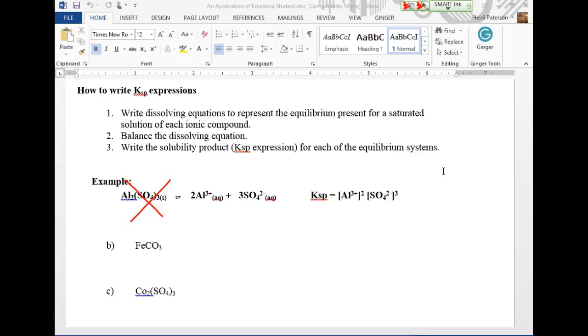Times 10 to the, is it a positive exponent or a negative exponent? They're all negative. These are all insoluble things. You're not going to find a KSP table for things that are very soluble, because it's just going to tell you that the KSP values are greater than 1.